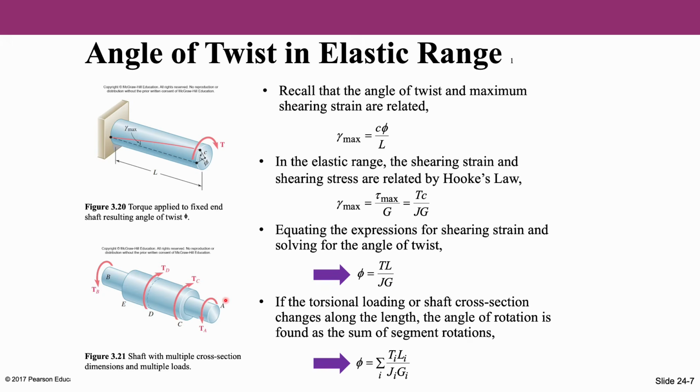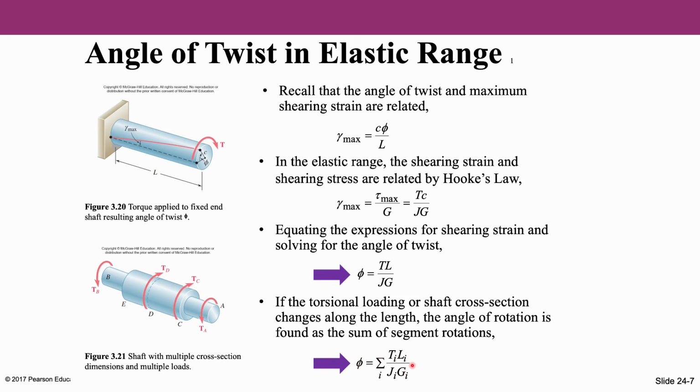If we have a composite cross-section consisting of different materials or different geometrical properties, or which are subject to different applied torques, in this case, the total angle of twist can be calculated by using this expression.